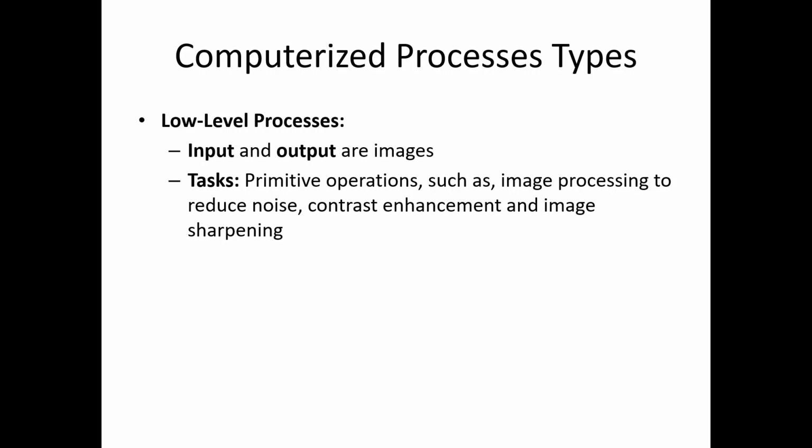In low level processing, we perform operations such as reducing the noise from images, improving the contrast, and performing sharpening. Such enhancement operations can be directly performed over the pixel values.